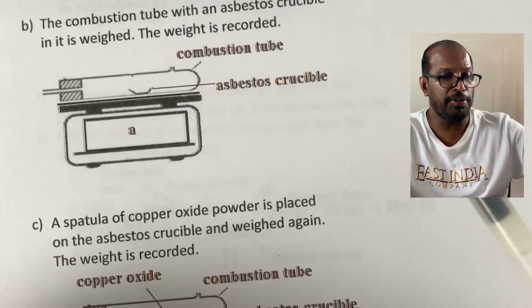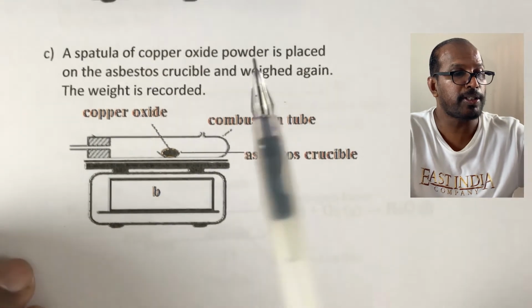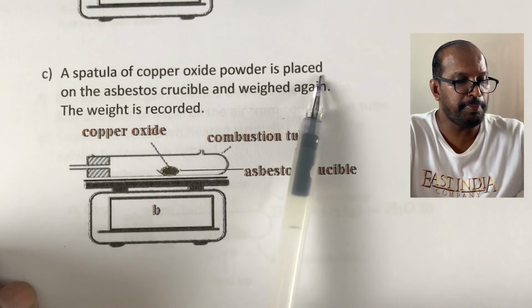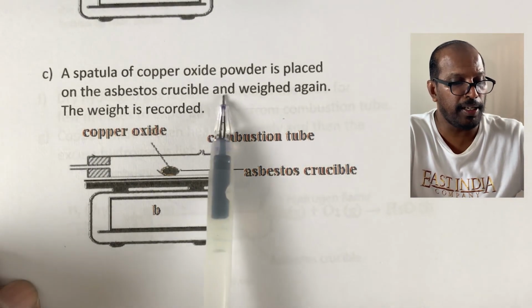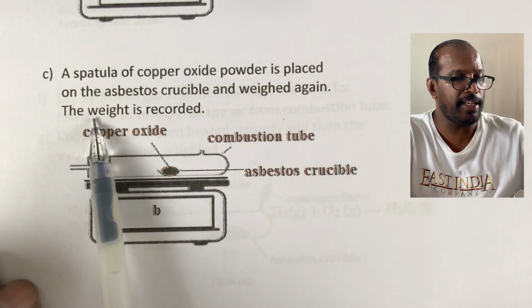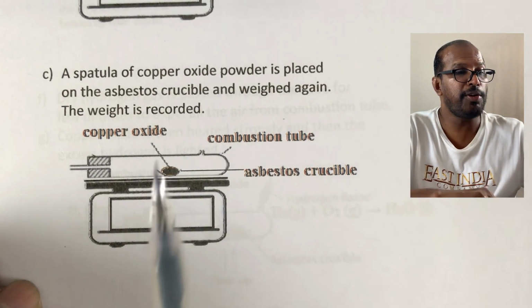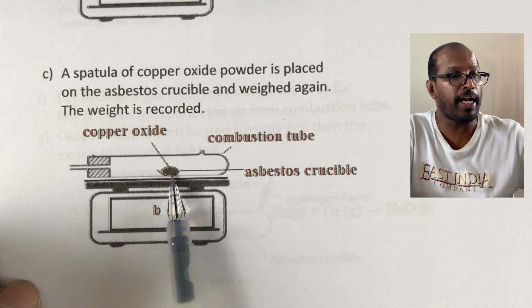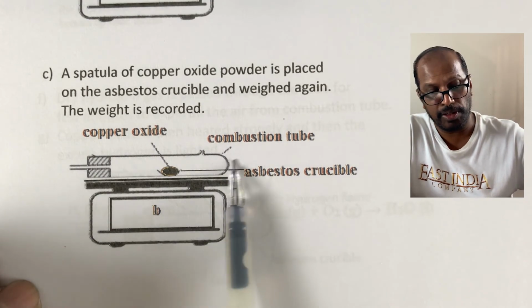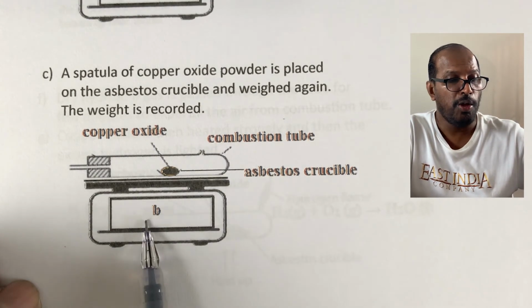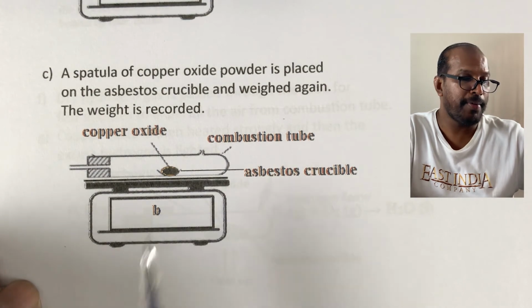After that, you take a spatula of copper oxide powder, place it in the asbestos crucible and weigh it again, and the weight is recorded. Now when you do that, the weight of copper oxide with combustion tube and asbestos crucible will be read.